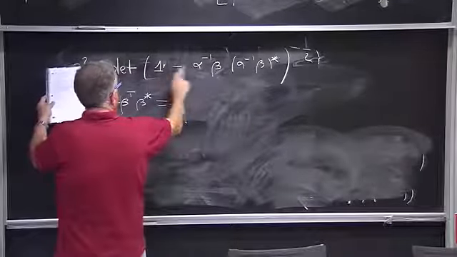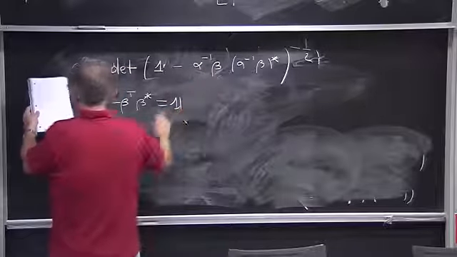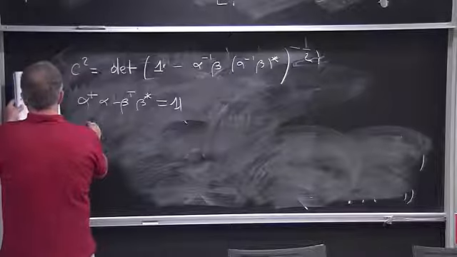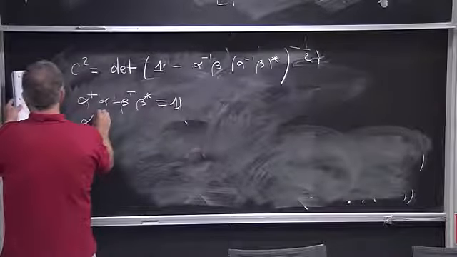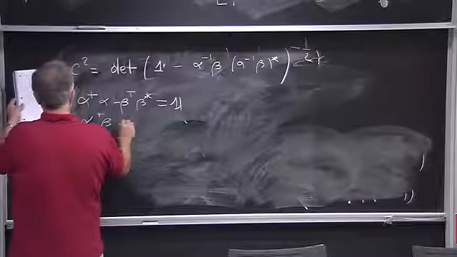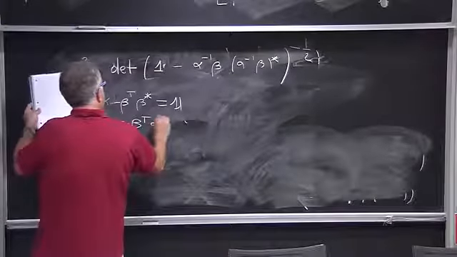So here we do have this. If we write it this way, alpha dagger, we also have alpha dagger beta equal to beta transposed alpha star.